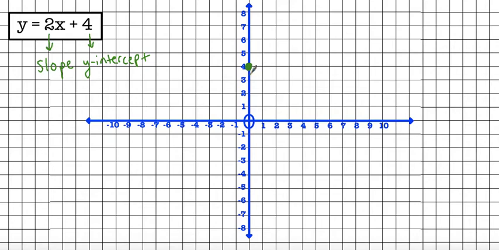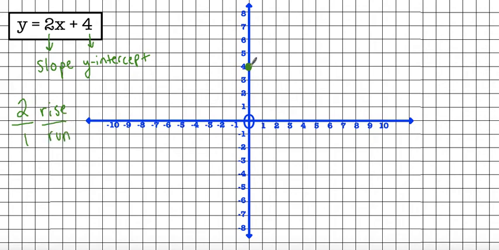And our slope is a rate of change. So our slope here is 2. So every time we rise 2, we're going to run 1.